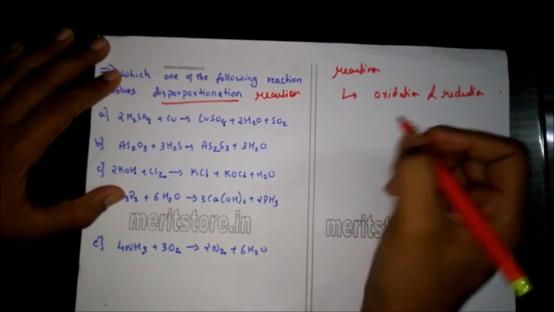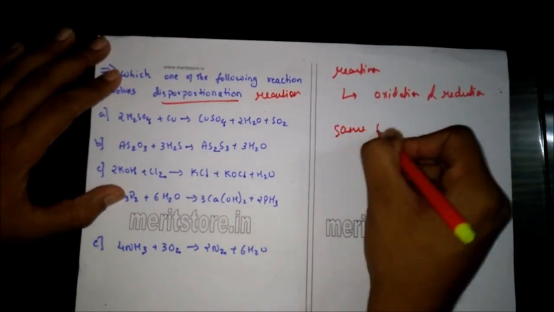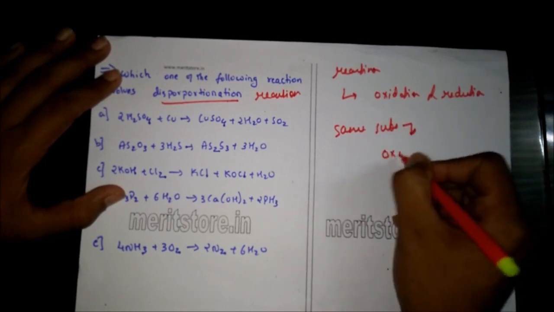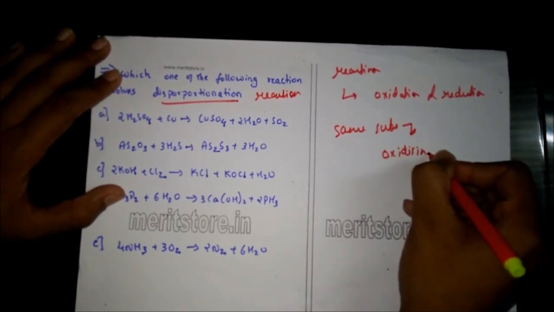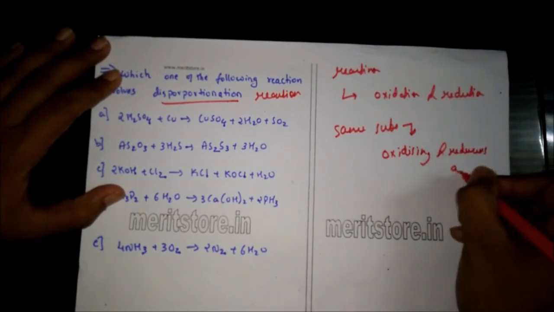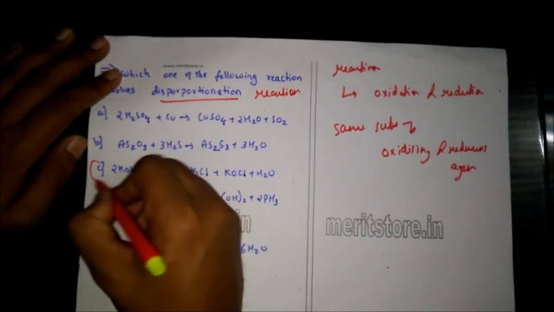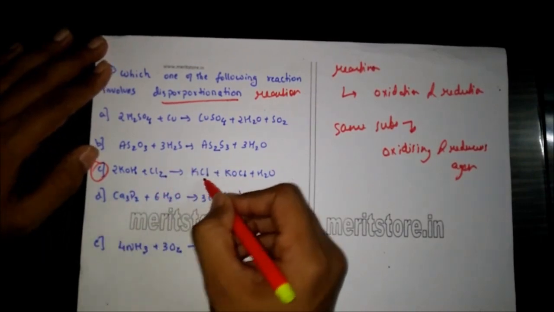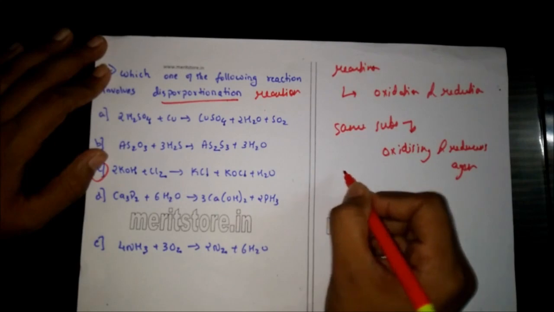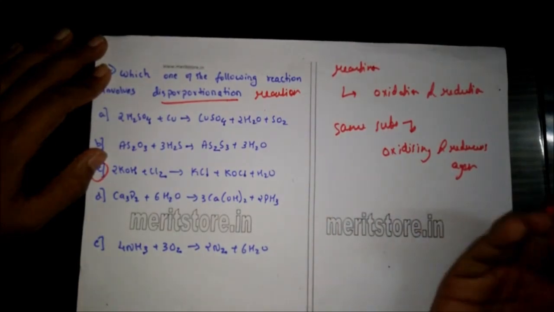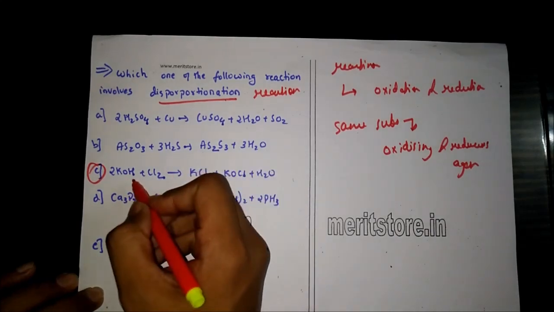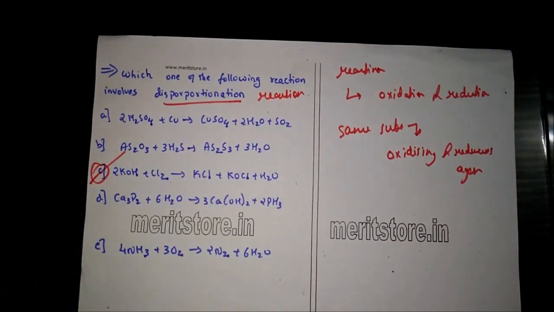In these reactions, the same substance simultaneously acts as oxidizing and reducing agent. Hence, if we look at option C, 2KOH plus Cl2 gives KCl plus KOCl plus H2O. Here, Cl undergoes simultaneous oxidation and reduction. Therefore, the correct answer here is option C, which is a disproportionation reaction.